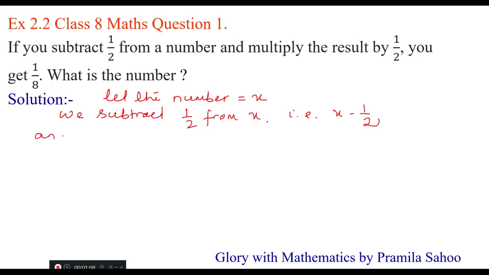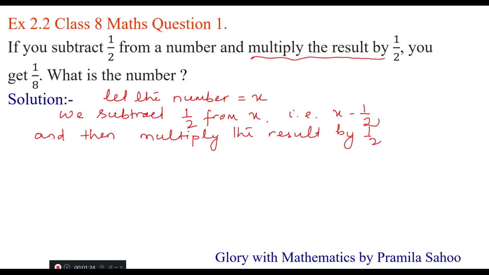And then multiply the result by 1 by 2. So the result is x minus 1 by 2 whole multiplied with 1 by 2.